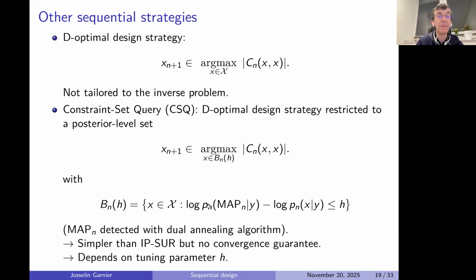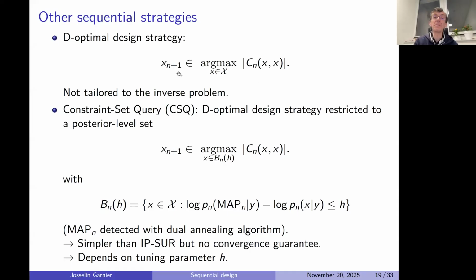And we will test different test cases. The most usual sequential design strategy is the D-optimal strategy, which is very simple. You look at the point x where the variance is maximal. This is the point where you have the maximal uncertainty in the domain.